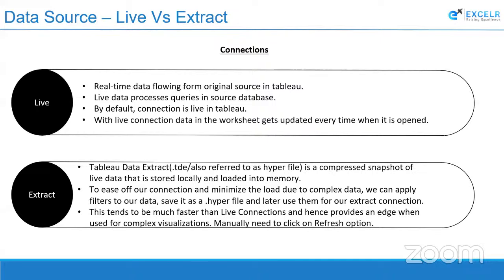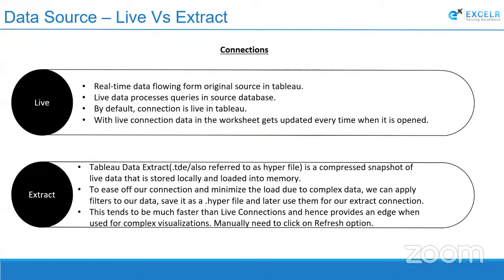Whereas the Tableau data extract is a compressed snapshot of the live data stored locally and loaded into memory. As I told you, data will be extracted from the data source and stored in Tableau, and it's loaded into memory. Its ease of connection minimizes the load due to complex data.